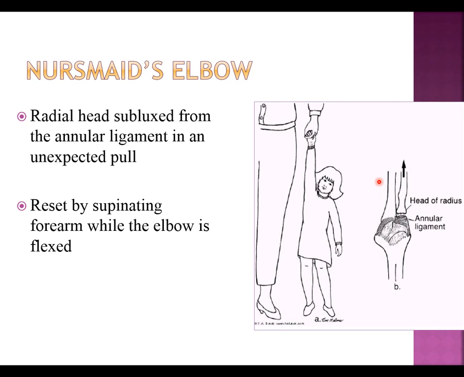Nursemaid's elbow is an actual radial head subluxation. This is most common in children. Whenever there is a sudden traction force, a sudden pulling force, so when you grab a kid's hand or arm and pull very forcefully, it can actually pull the radial head out of that annular ligament. Remember, the annular ligament acts as a sling and holds the radial head in place.